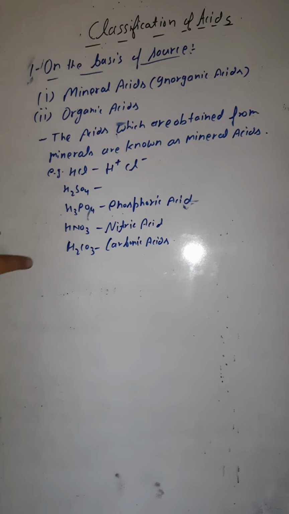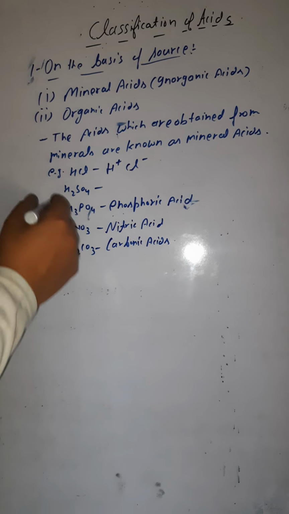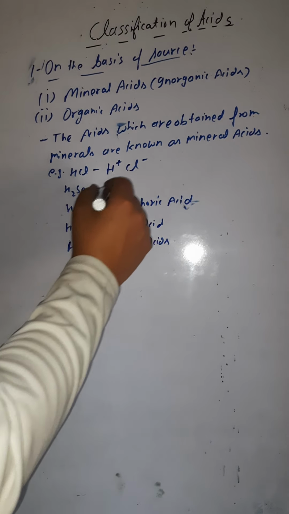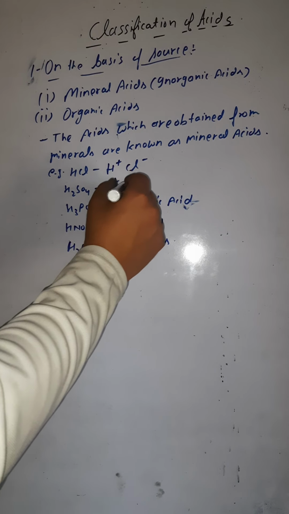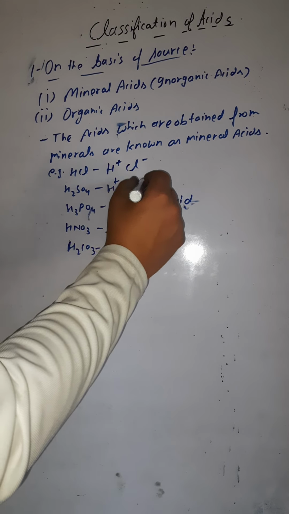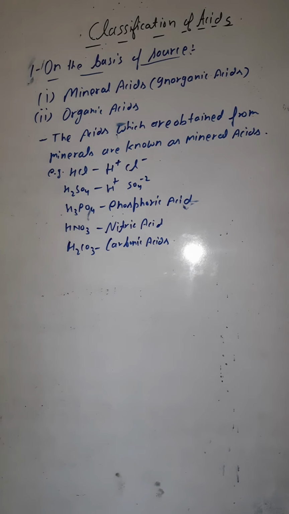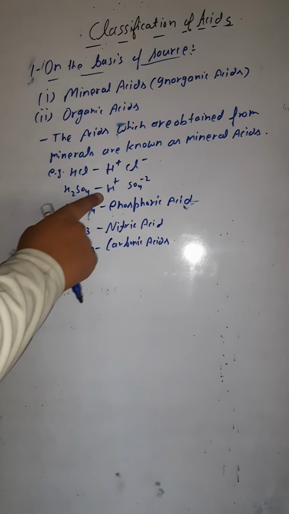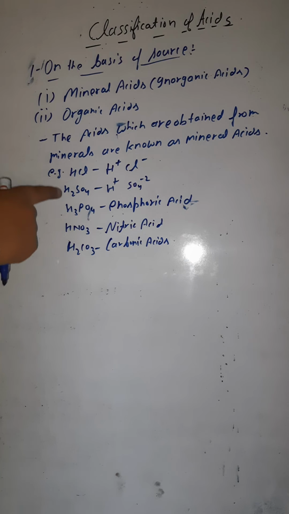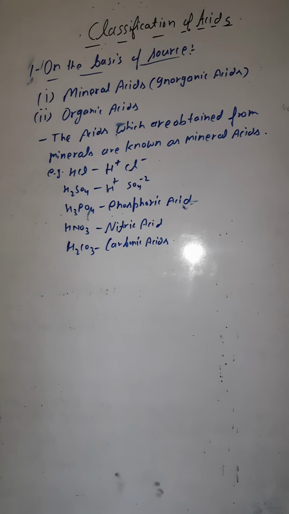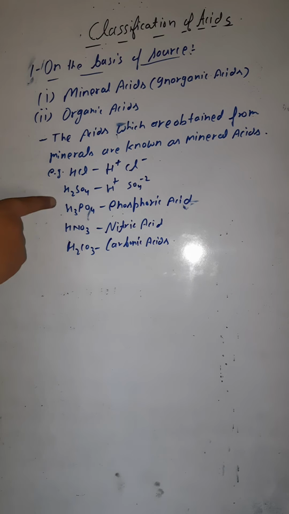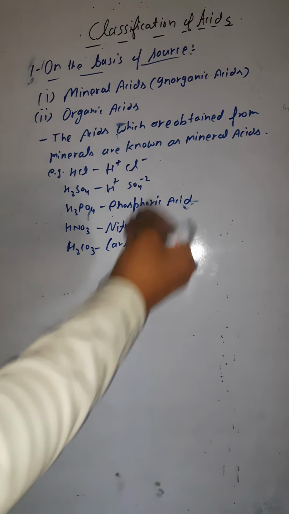Similarly, H2SO4, if you ionize it, gives H positive and SO4 2 negative. Again it is giving hydrogen ion in the solution, so it is also an acid. Similarly, the rest of the acids also give hydrogen ion in the solution.